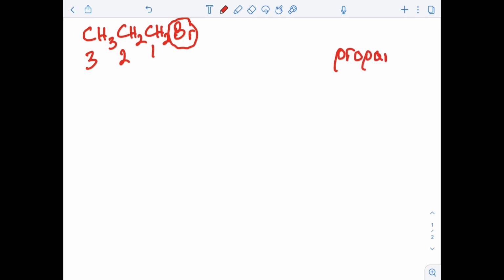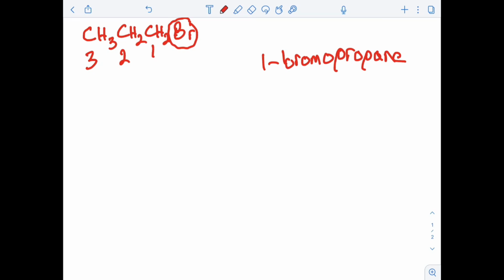A 3-carbon single chain is a propane. And that bromo substituent is on the number 1 carbon. So you have to locate that, indicate that as 1-bromopropane.